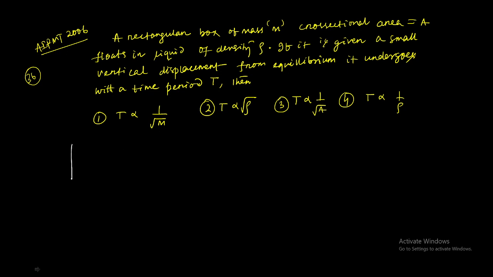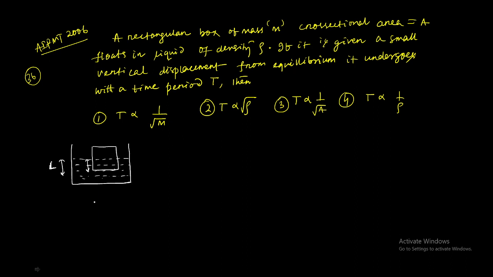Let's say this is a container in which the liquid is there, and this is the block, a rectangular block, let's say, and this is the length L which is submerged in the liquid. If you slightly displace this one, it will do SHM, right?